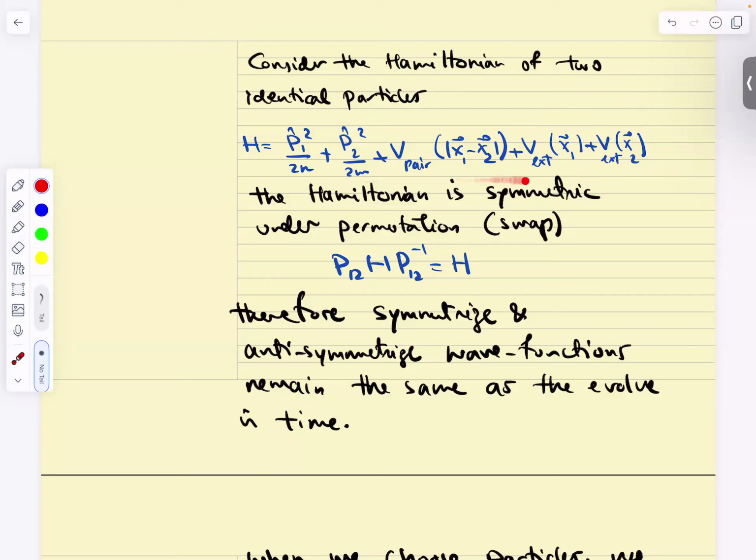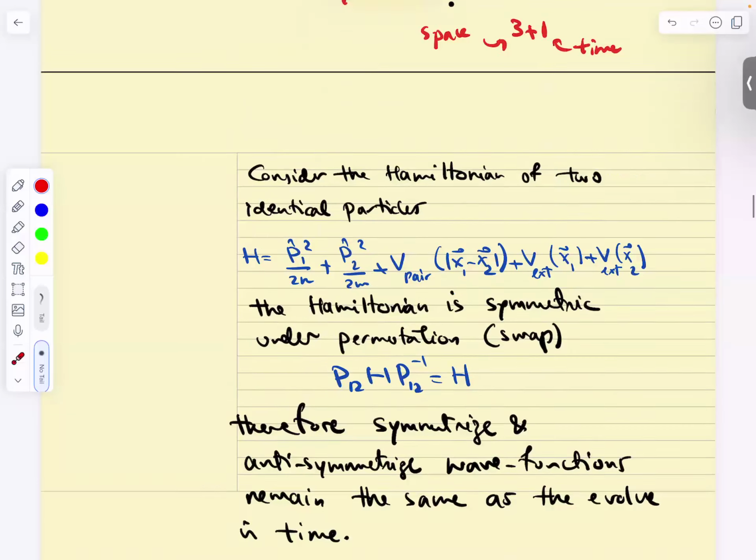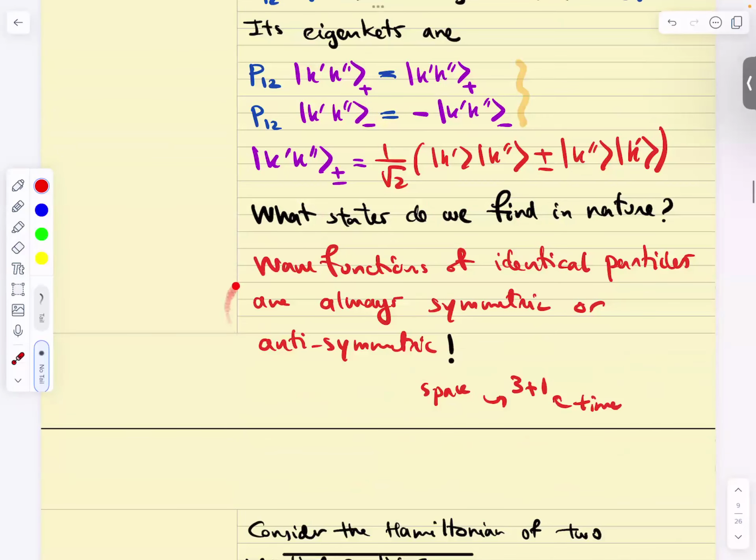You see, obviously, this is swap symmetric. And you see, obviously, if the masses were not the same, it wouldn't have been swap symmetric. Good. So the fact that it's swap symmetric means that the statement that I said here makes sense.